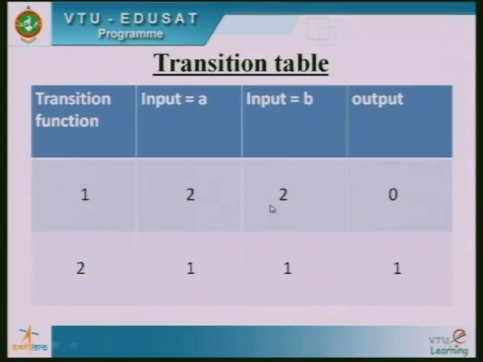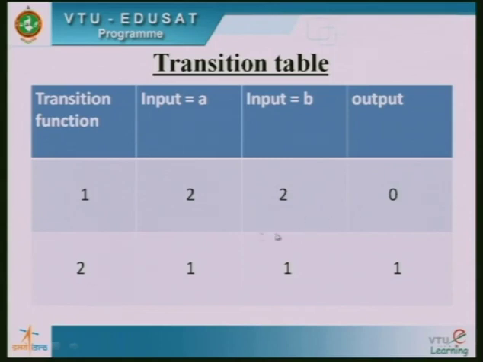When you input A, it will go to 2. What is associated with 2 is 1. So, that means when it is odd length, it will output 1, and if it is even length, it will output 0.